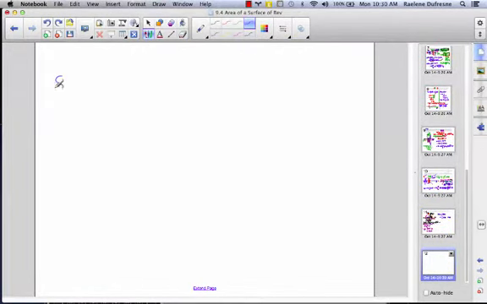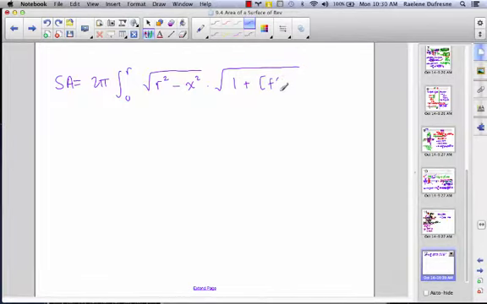So we get surface area is equal to 2 pi times the integral from 0 to r of the radius we said, which was the change in y, square root of r squared minus x squared, multiplied by ds in terms of x, which is the square root of 1 plus f prime of x, quantity squared, times dx.